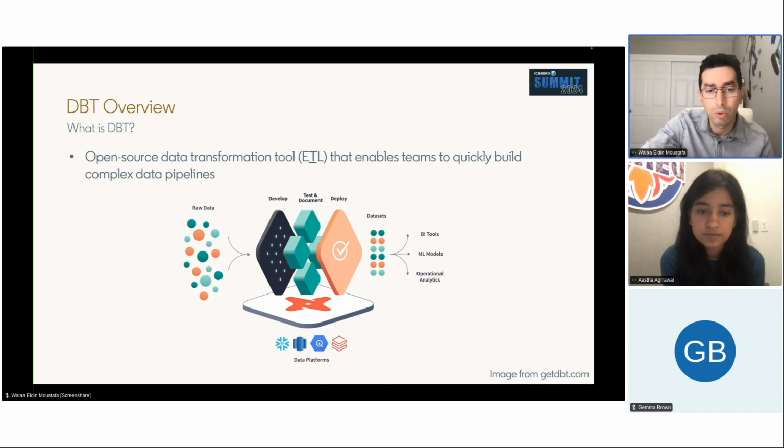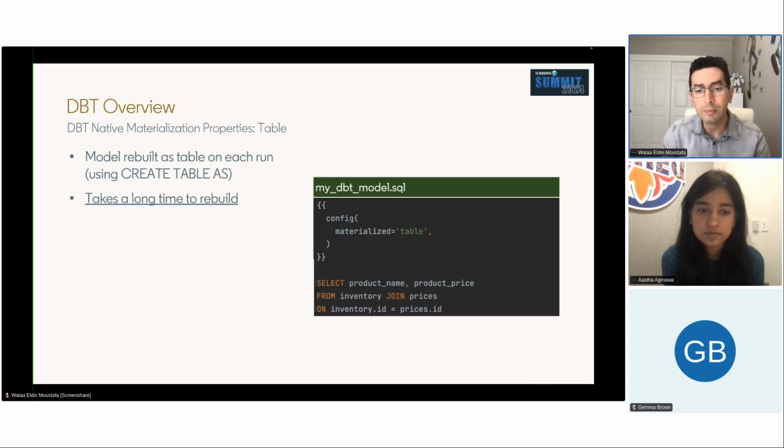But DBT, for the most part, helps them to author their data logic and data application, and have it maybe reviewed by their team and then maintained and so on.